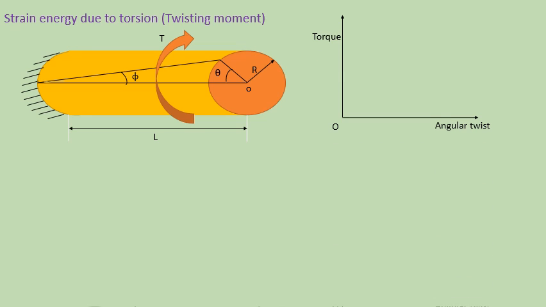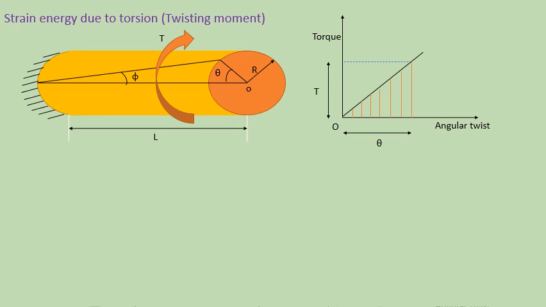If we draw the graph by taking x-axis as angle of twist and y-axis as torque, it increases gradually. We get a straight line from 0 till the elastic limit. If we consider the area under this graph, it gives the strain energy due to torsion.